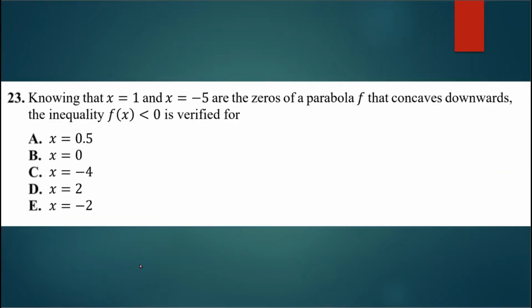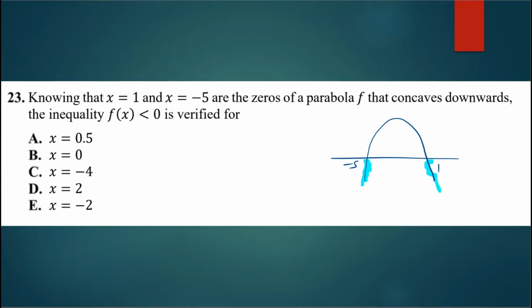Here, knowing that x equals 1 and x equals -5 are zeros of the parabola, if that concaves downwards, the inequality f of x is smaller than 0 is verified where? So imagine the graph, it will be downwards, intersect at -5 and 1, so it will be less than 0 for any x value that is less than -5 or more than 1.